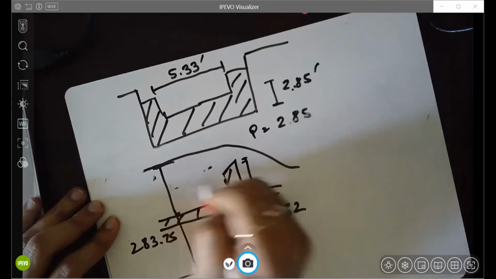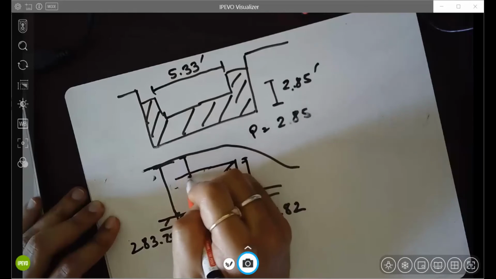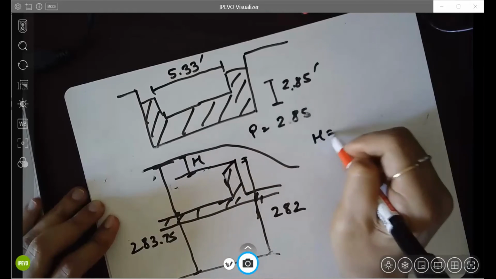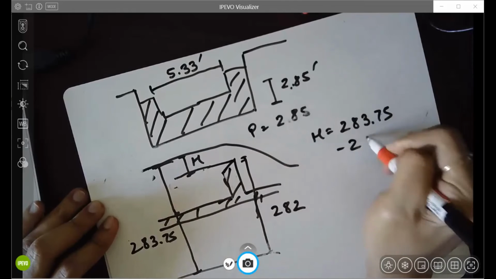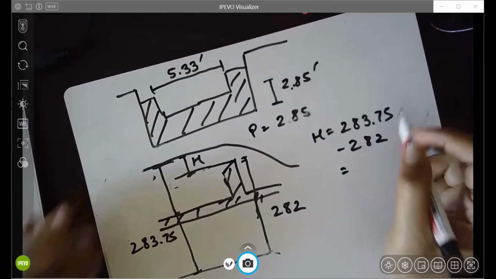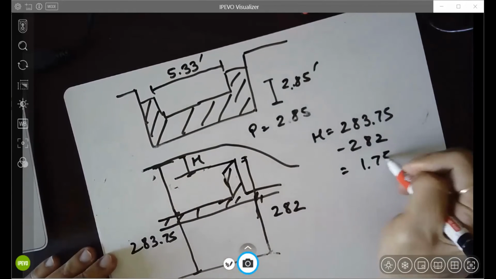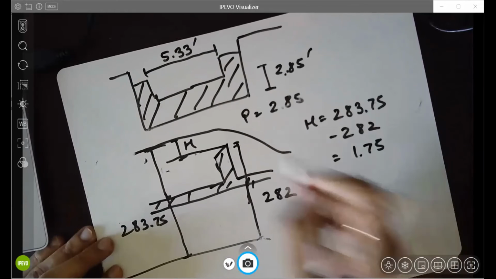So from that equation, what is H? H is 283.75 minus 282, which is 1.75. Now it is double this thing, so n is equal to 2.